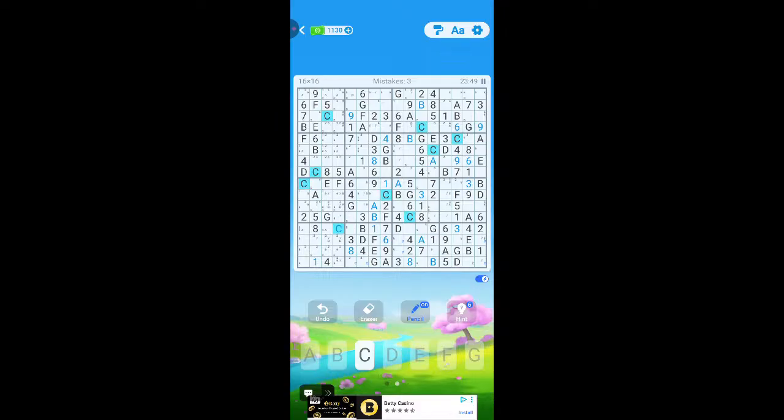Not doing D yet. Thought I already did D. How is D looking? Let's just randomly check. Well, it would seem like the only D that can be in this block is here. So let's try it. Well, there you have it. There you go. What do you mean that's not it?